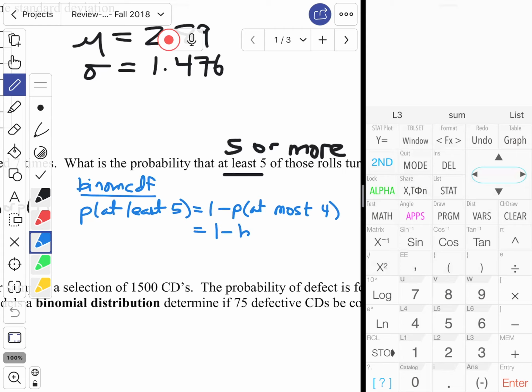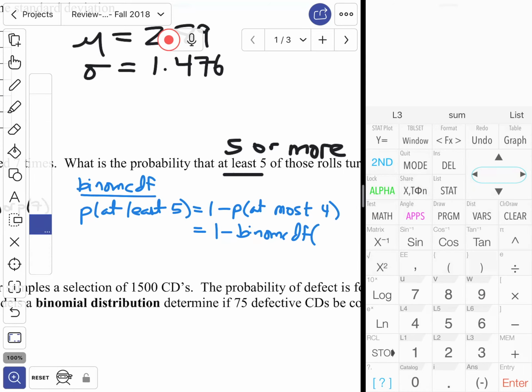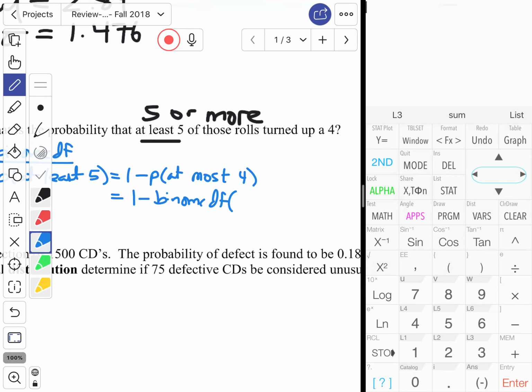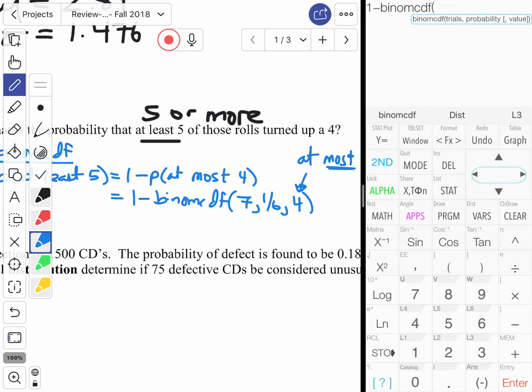So 1 minus Binom CDF. Then I would type in the 7, the 1/6 and the 4, because that's our at most number. So 1 minus second vars binom CDF 7 comma 1/6 comma 4.